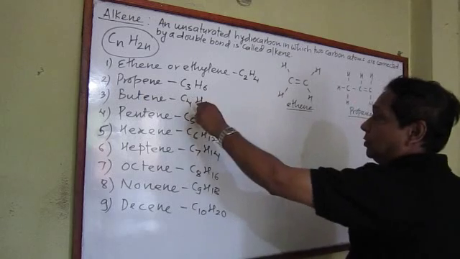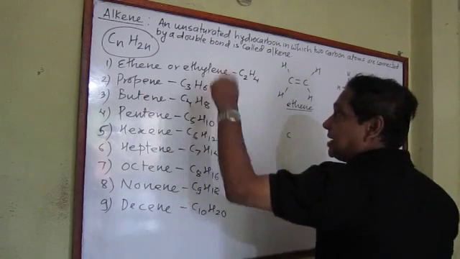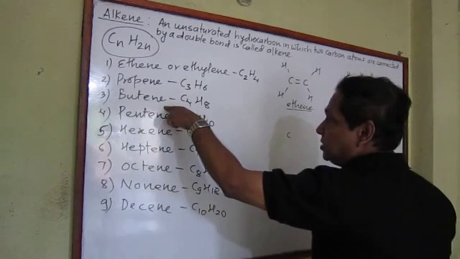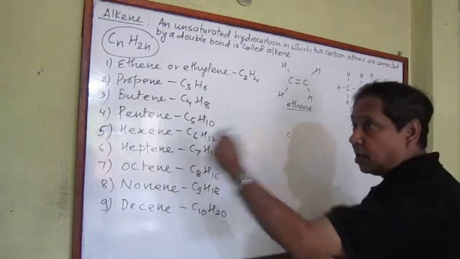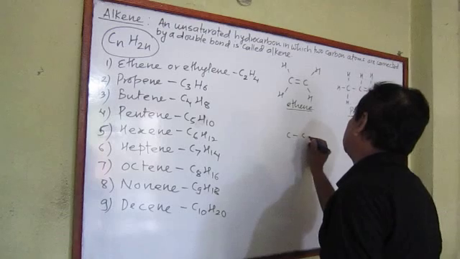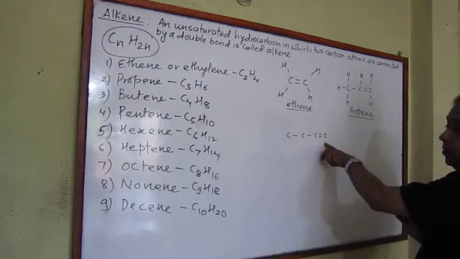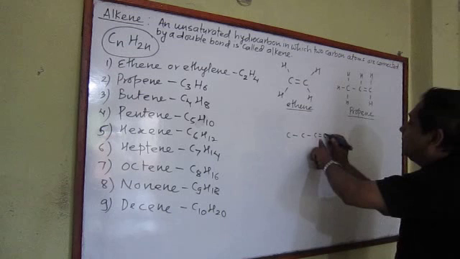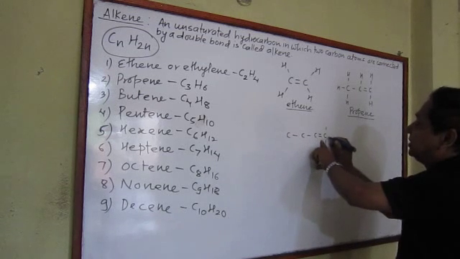Now next, butene. But means 4. It has 4 carbon atoms, and ene says that this is an unsaturated hydrocarbon in which 2 carbon atoms are connected by means of a double bond. That's why out of these 4, 2 of them have a double bond. This way, carbon here has 2 bonds. That's why 2 more bonds are needed.